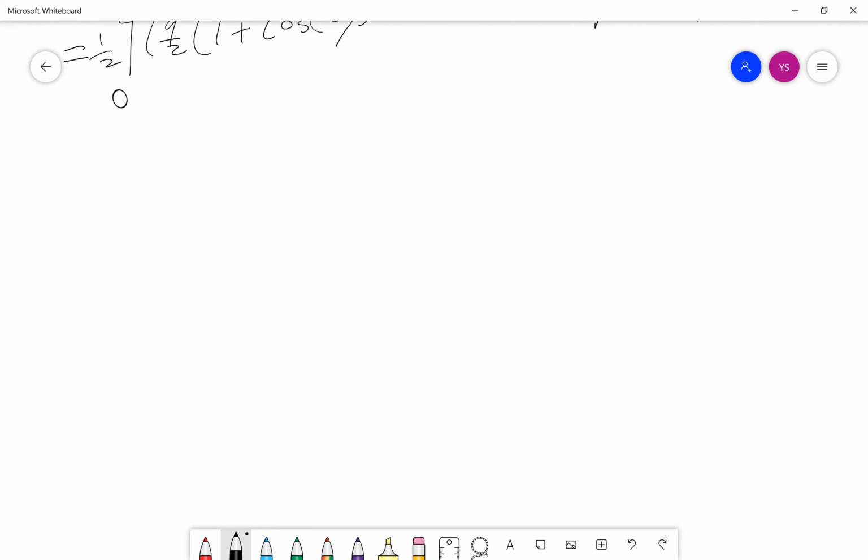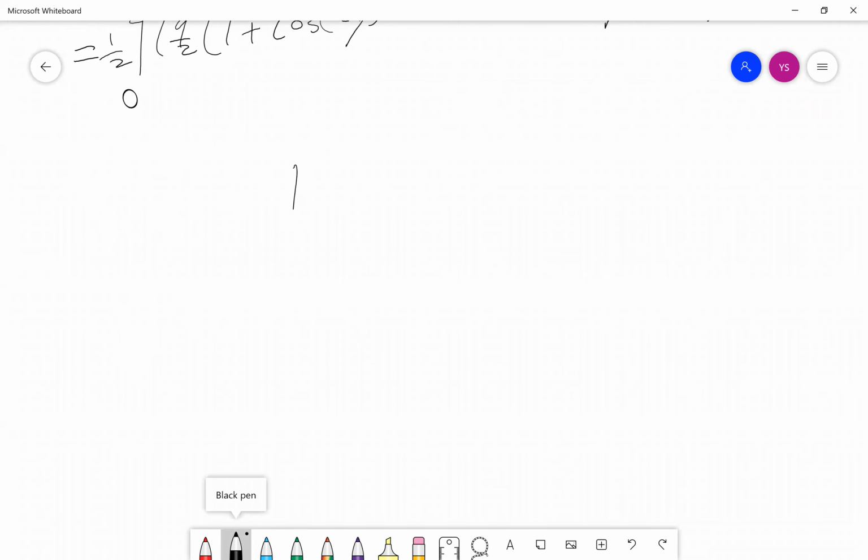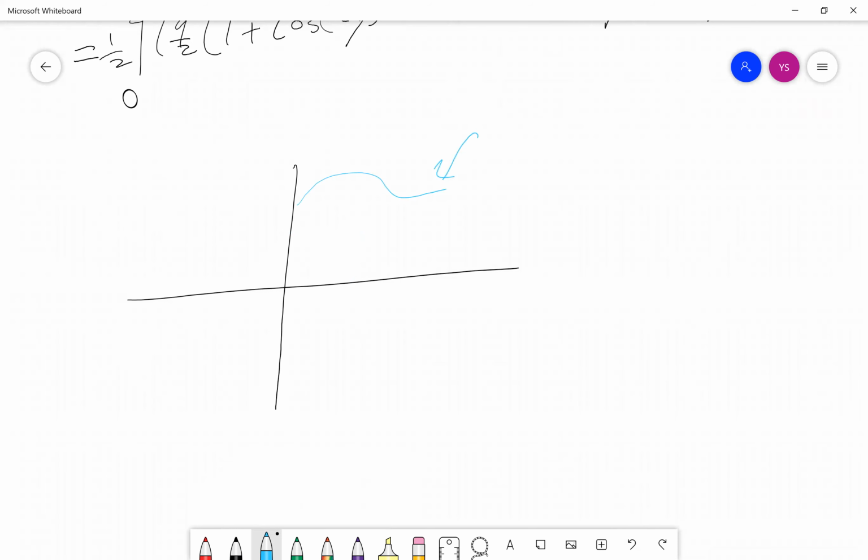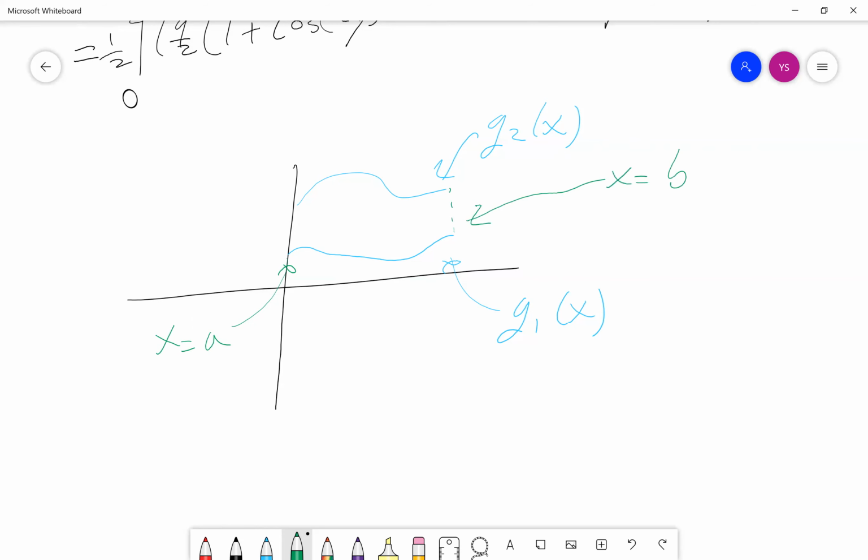So let's say instead of taking the integral in some rectangle, you're given 2 functions. So let's call them g2 of x and some other function g1 of x. And let's say that here are our bounds. So this is x is equal to a, and here's another bound, x is equal to b.